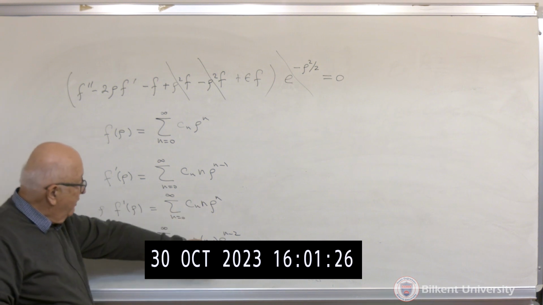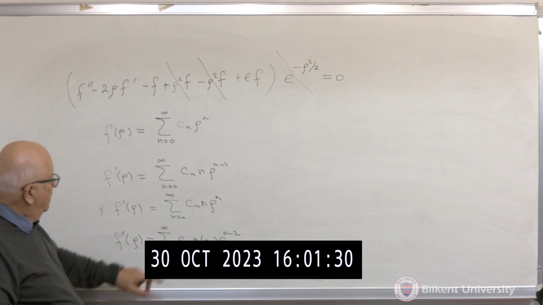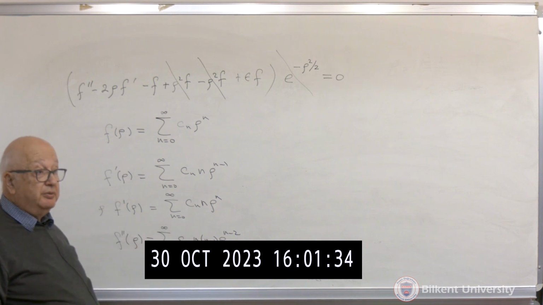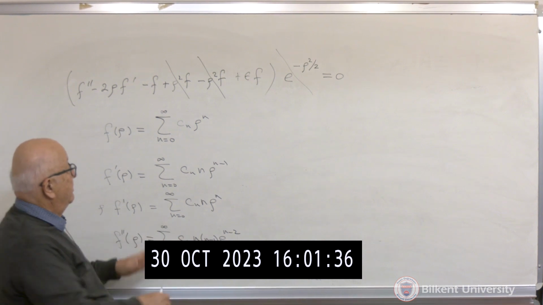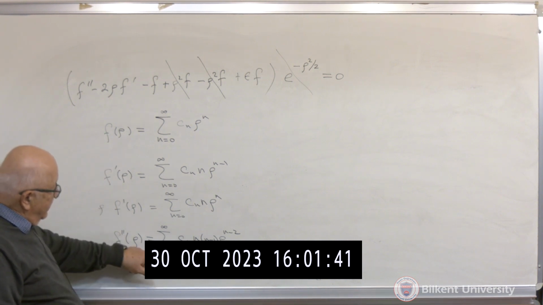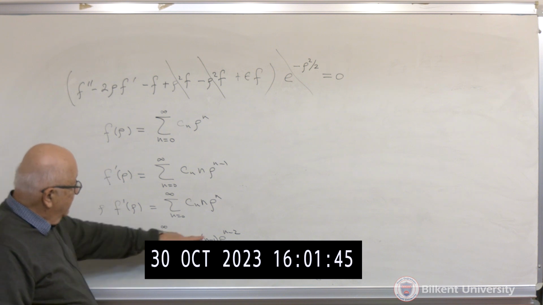But here I have rho to the n minus 2. I want to convert this to rho to the n also, so that I can bring them under the same summation and factor out a rho to the n. So what do I do? Since this n is a dummy index, I just replace this n by n plus 2.